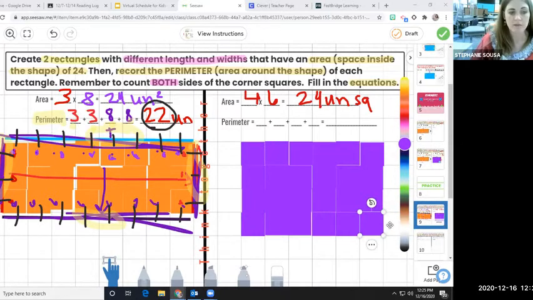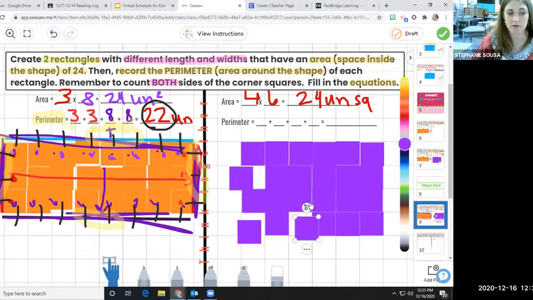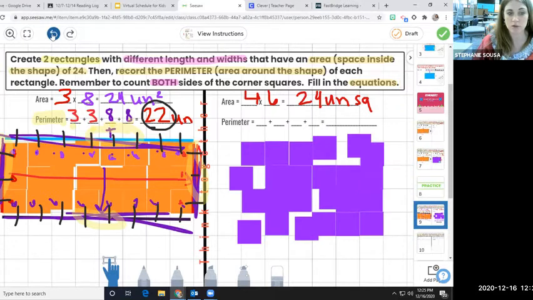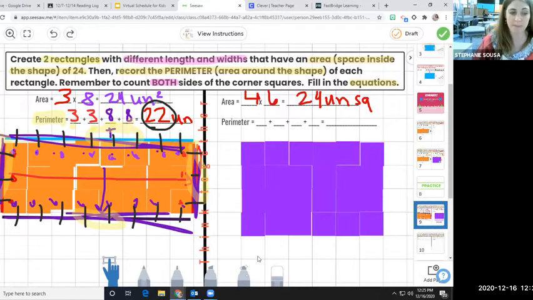So now that we have our rectangle created, and again, look at your rectangle and make sure it looks like a rectangle. If you've got squares doing this kind of thing, that's not a rectangle. Get those squares very neatly into their rows and columns using the grid lines, okay? Now we're gonna find our perimeter.